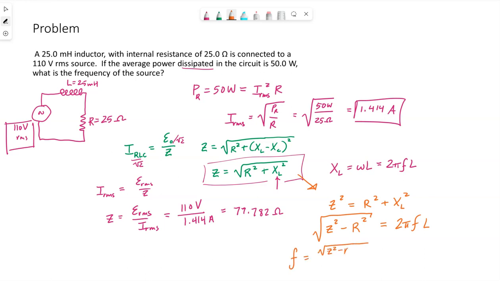So Z squared minus R squared, square rooted, over 2 pi L. We've calculated the value of Z. We were given the value of R. And we were given the value of L, which we do want to put into just henries and not millihenries.